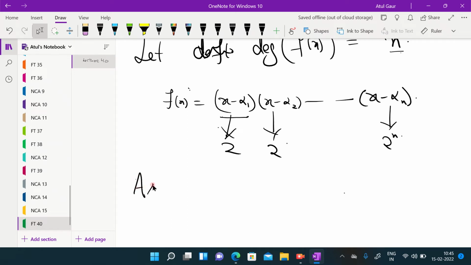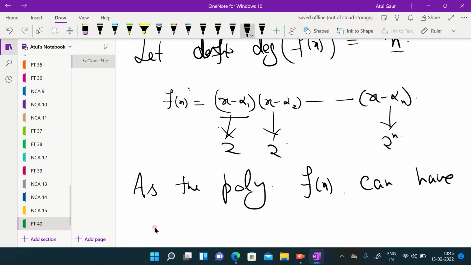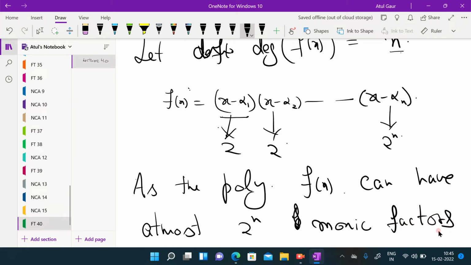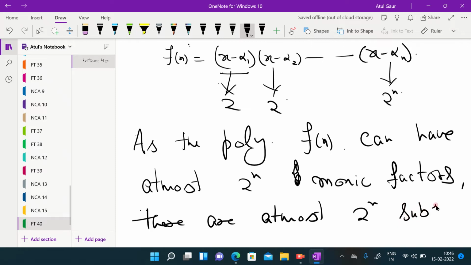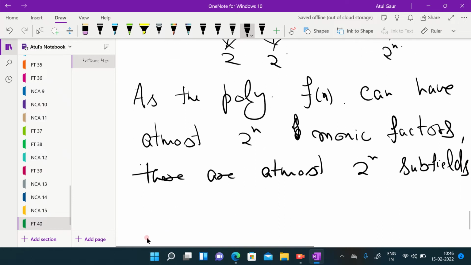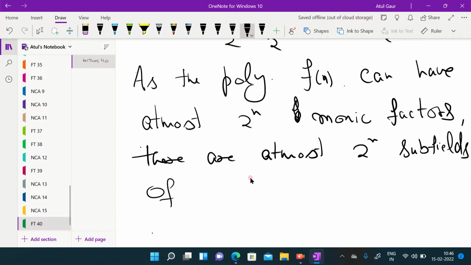So as the polynomial can have at most 2 to the power n factors, or what I should say monic factors, so there are only 2 to the power n subfields of E containing K at most.